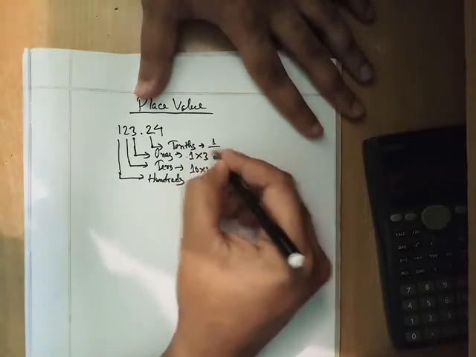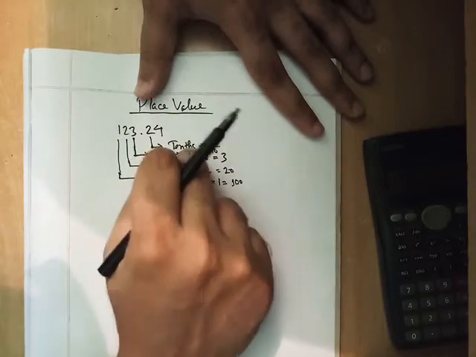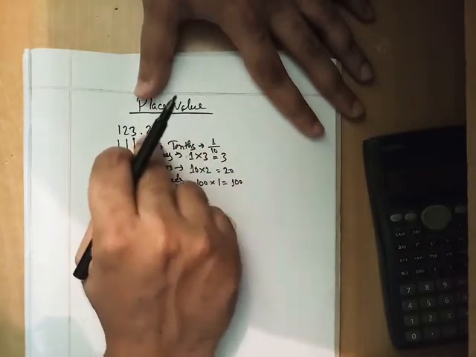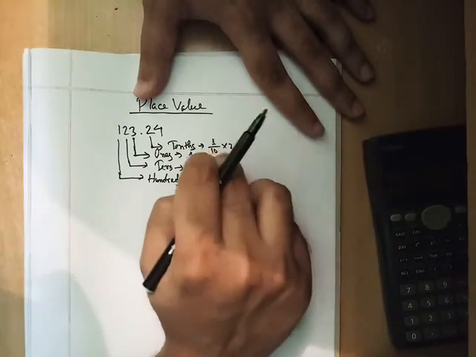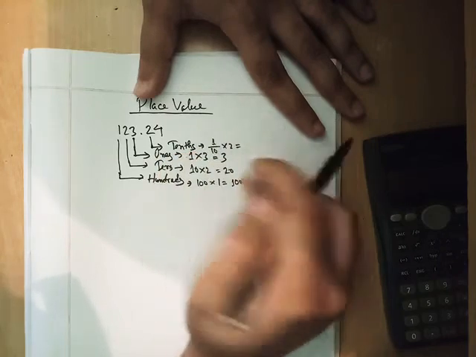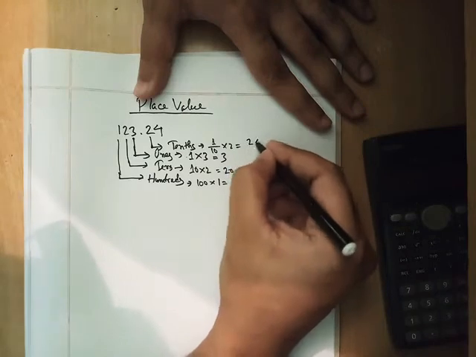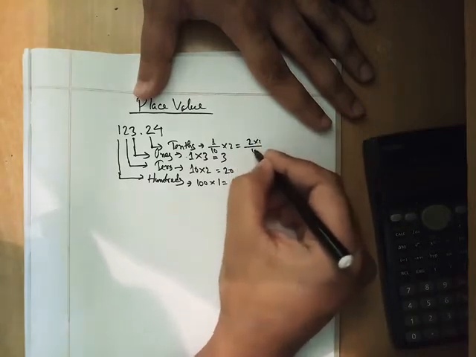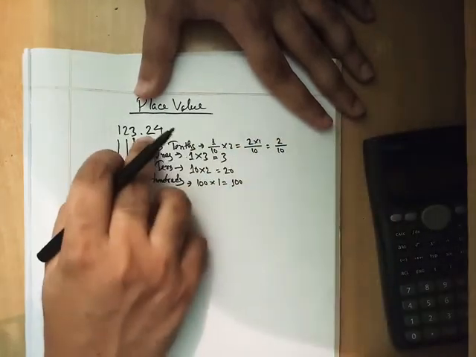That is why it's called tenths. The digit we have here is 2, so we multiply the digit with the place value, 2 into 1 by 10. If we multiply a fraction with a whole number, the numerator and the whole number get multiplied and then divided by the denominator. So it is 2 by 10. This is the value for the tenths place.